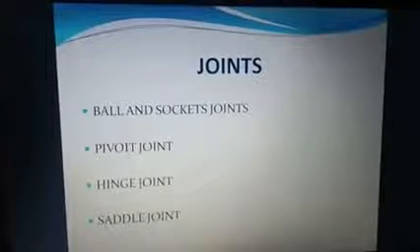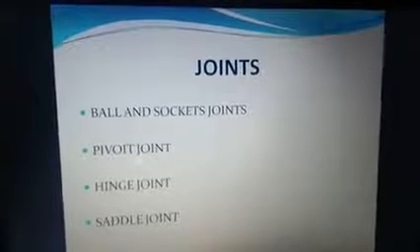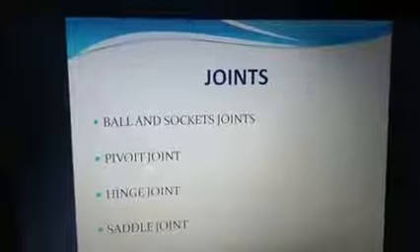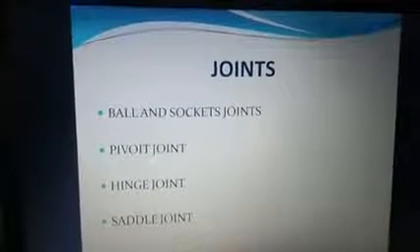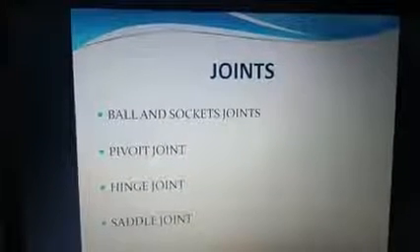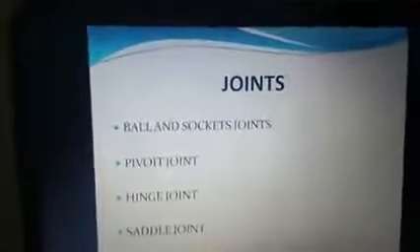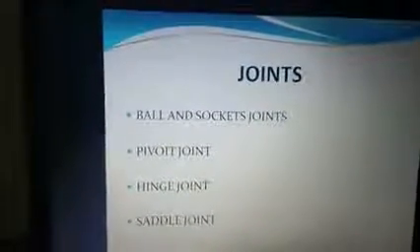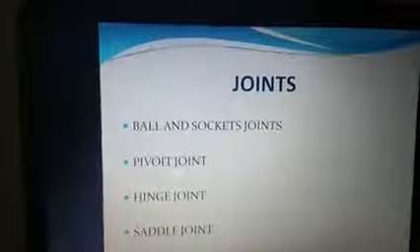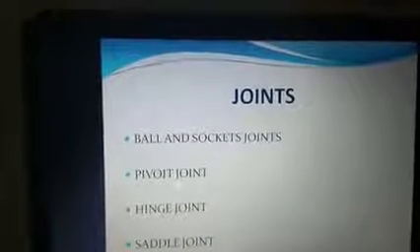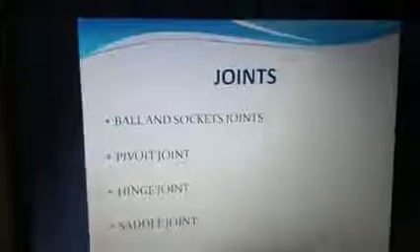The other bone end is convex, that is turned outward, and it looks like a rider in a saddle. That is why it got its name as a saddle joint. The saddle joint or the sliding joint is found between the bones of the backbone, and these joints allow only a slight movement.